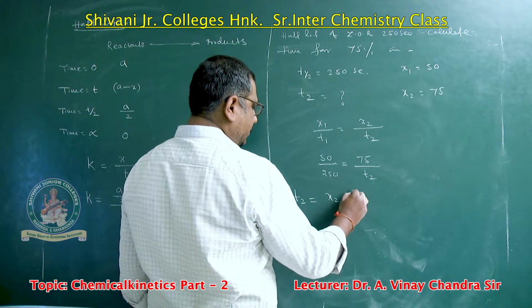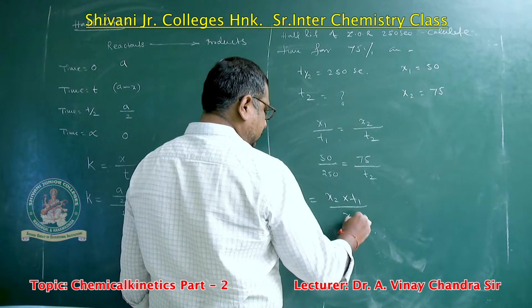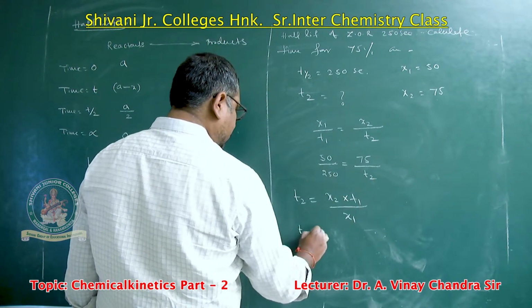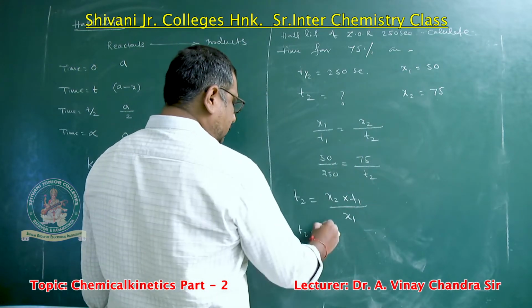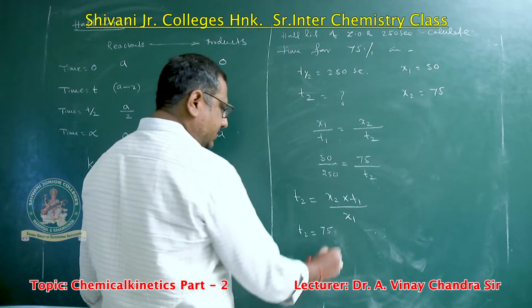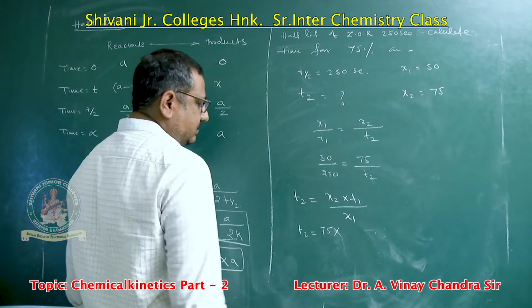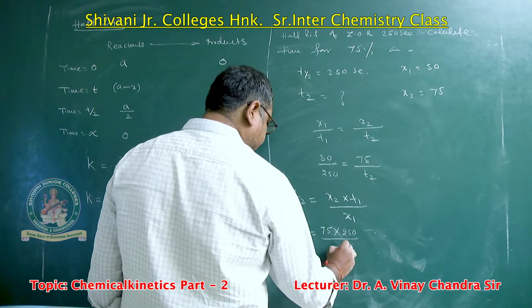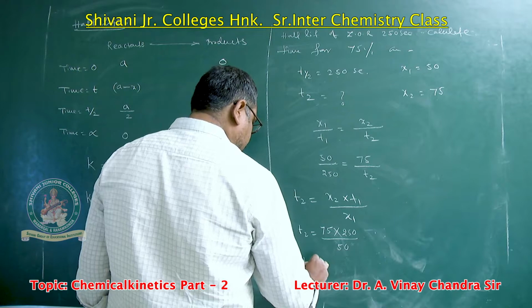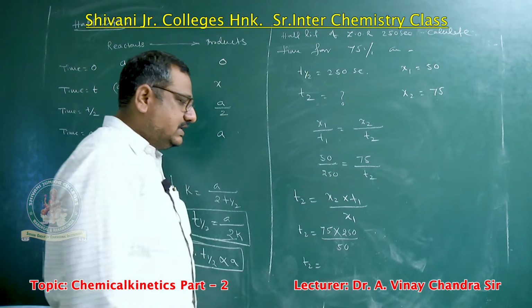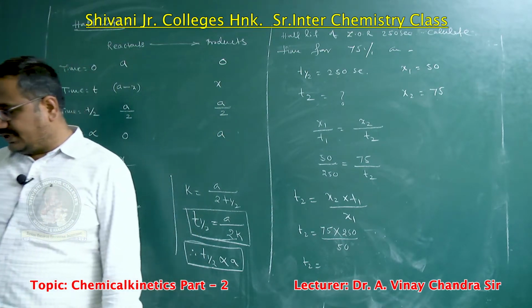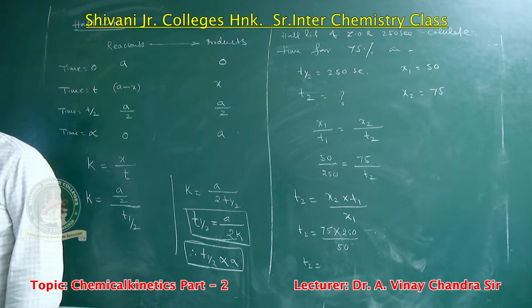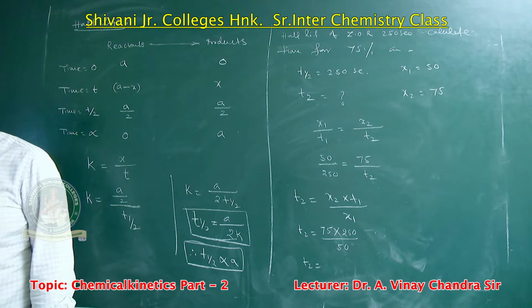Here X2 is 75, T1 is 250, and X1 is 50. So the total answer T2 is equal to 75 into 250 by 50, which gives 375.